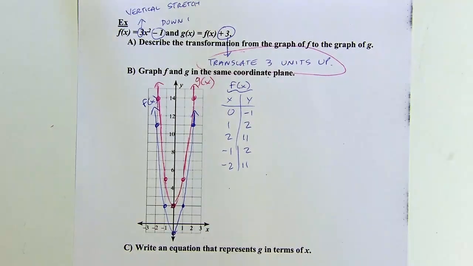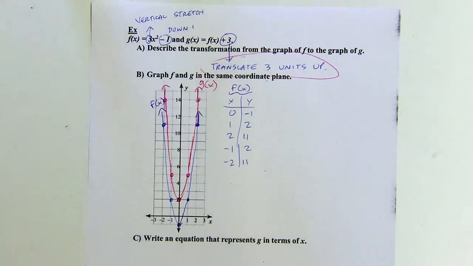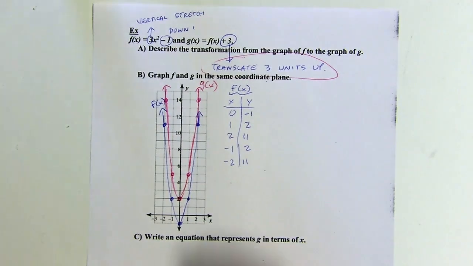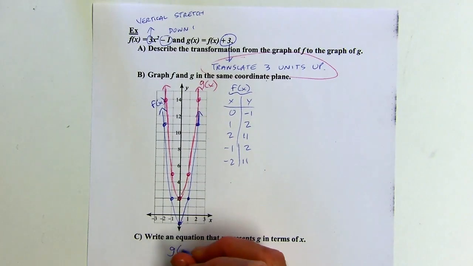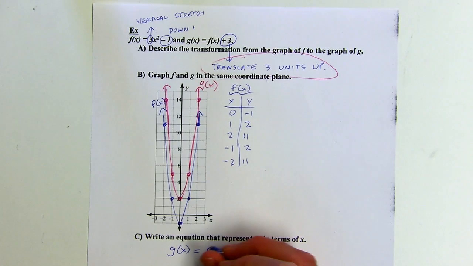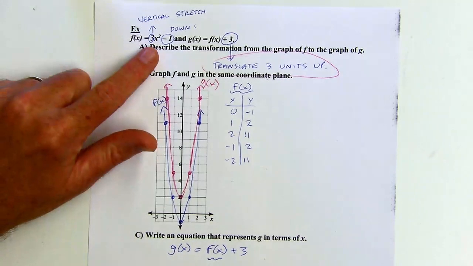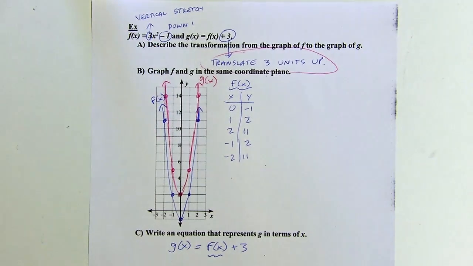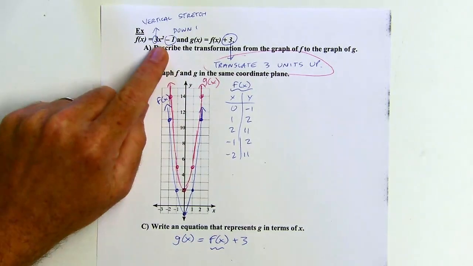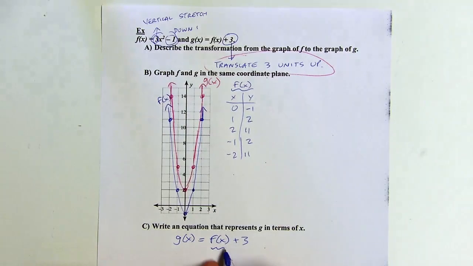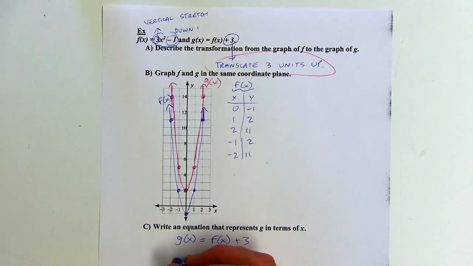All right, so now let's write an equation for g. We can't really do the xy table unless we have an equation. Well, let's think about this. They told us that g of x equals f of x plus 3. And I know what f of x equals because they say so right up there. F of x equals 3x squared minus 1. So I can take the quantity 3x squared minus 1 and substitute that in here for f of x.